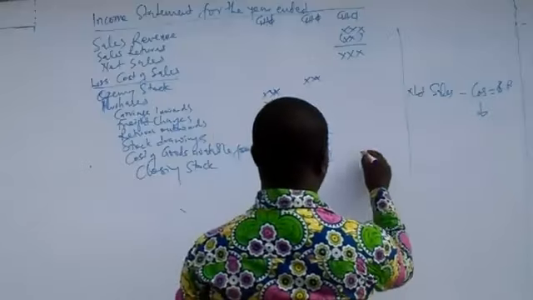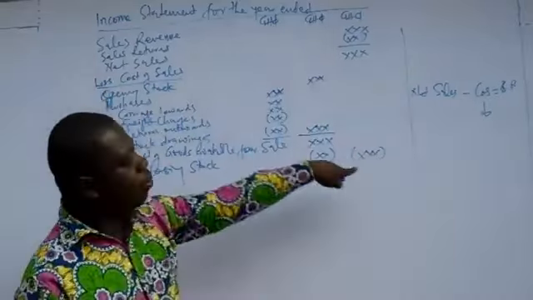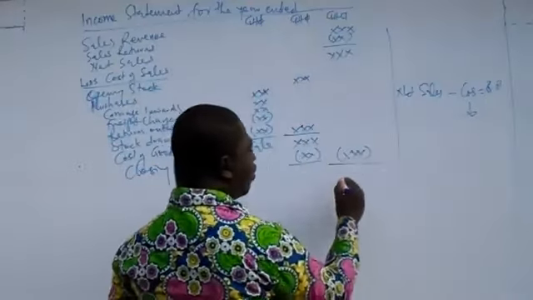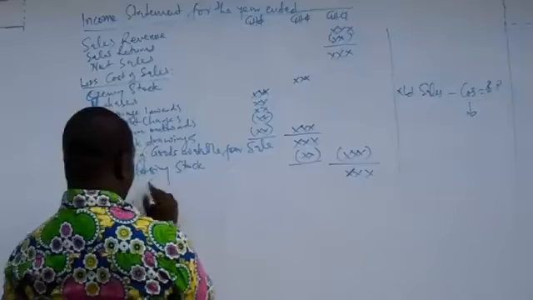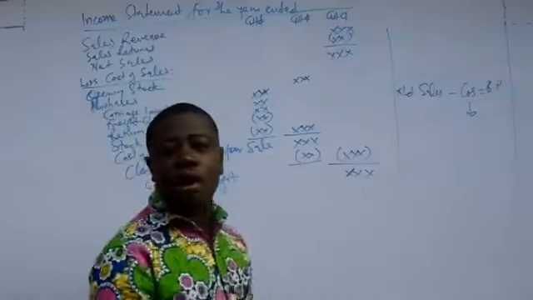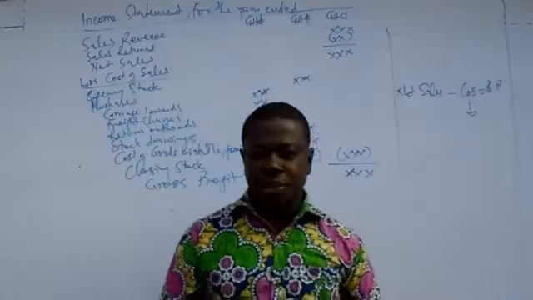So we transfer that figure here, and then we take it from our sales revenue, and whatever figure we have is our gross profit. And that is how we end the trading account component of the income statement.